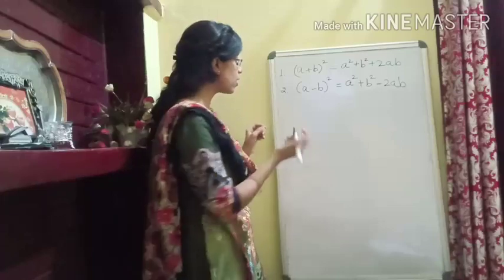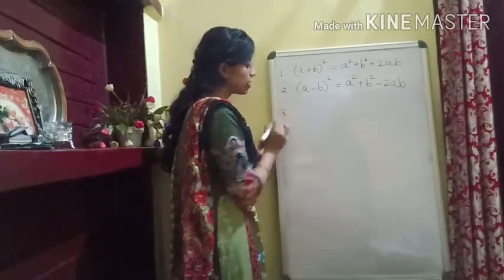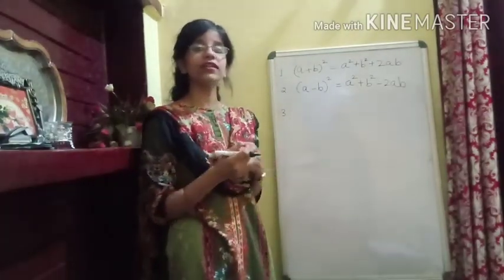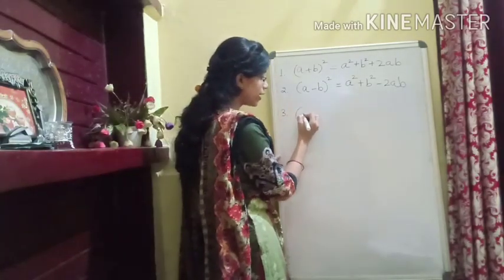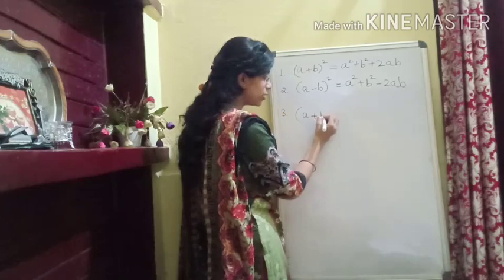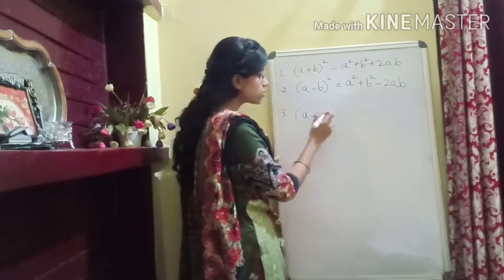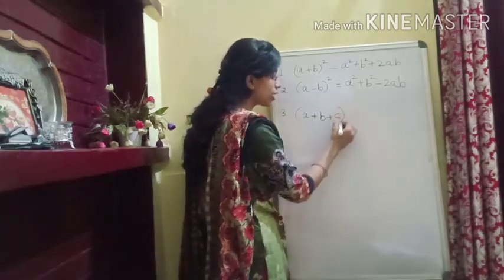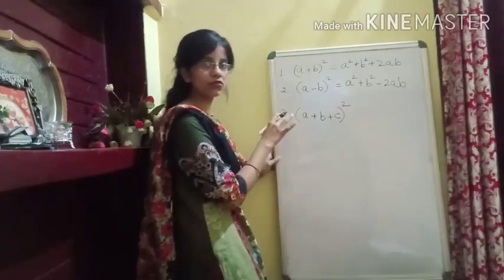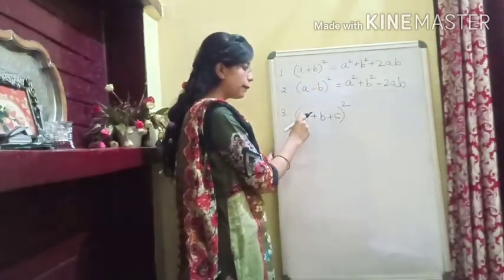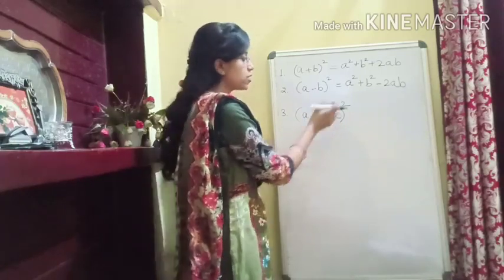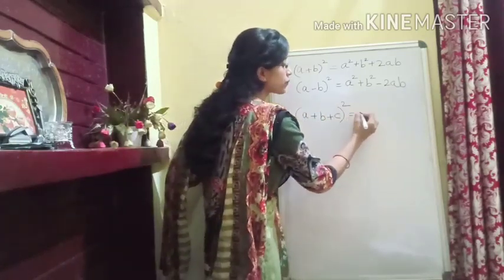Now the third identity which we are going to see will contain a trinomial, like three terms. It will have a plus b as the first term, second term plus c, and the square of it. So can you see this thing, a plus b, a minus b, but here we have a plus b plus c, three terms. And what is the identity?